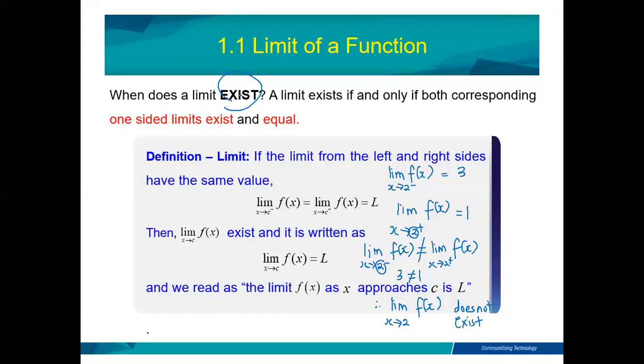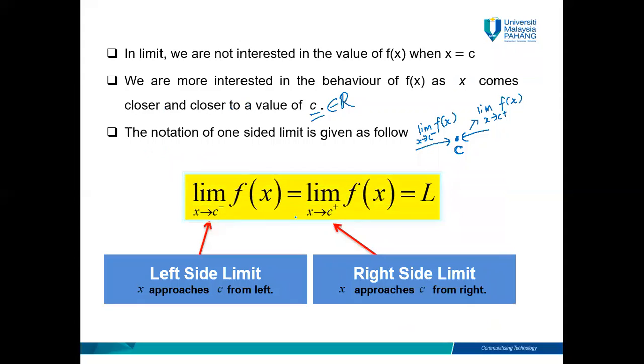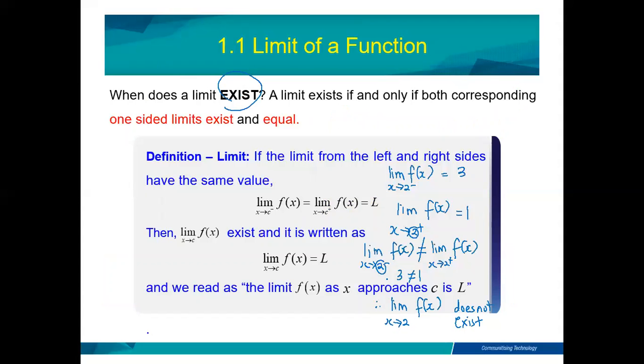The limit exists when the limit from the left is equal to the limit from the right. So the limit does exist. But if the limit of f(x) from the left is not equal to the limit of f(x) from the right, it means that the limit does not exist. Because left is not equal to right, therefore the limit of f(x) when x approaches 2 does not exist.